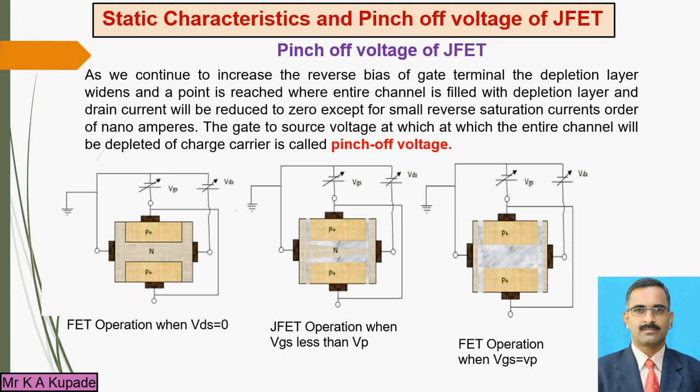At that time current still flows, and the depletion region looks like this. The third figure shows that when VGS is equal to VP, the pinch off voltage, the depleted regions meet and touch each other. At that time the entire semiconductor channel is closed, and there is no flow of current. That is VGS equal to VP.